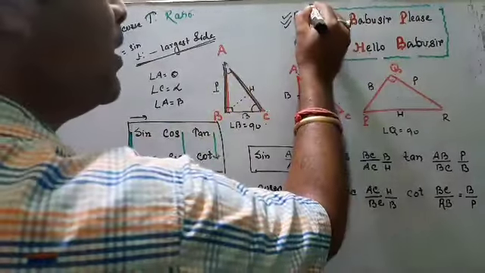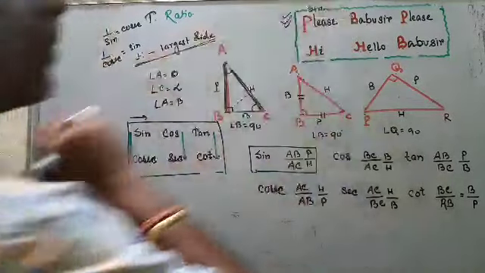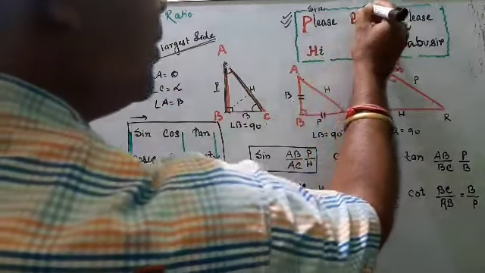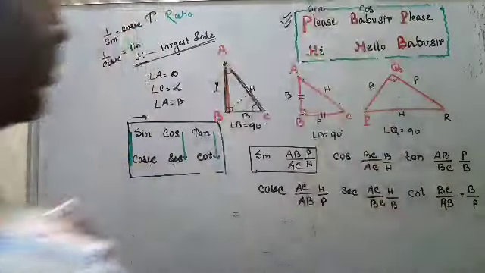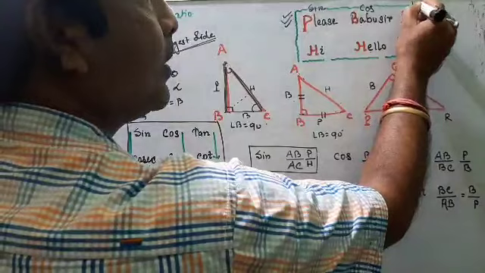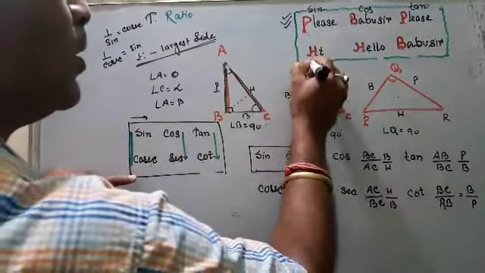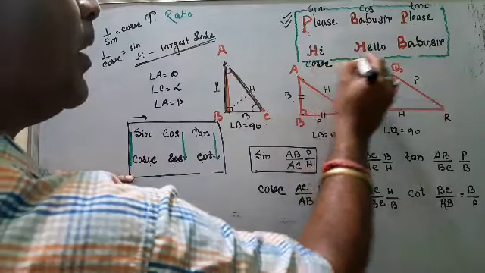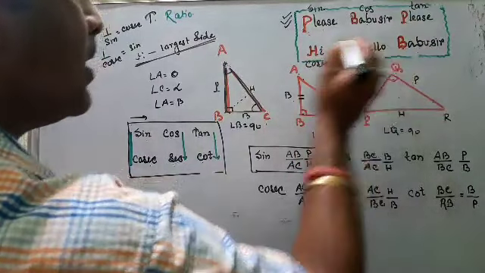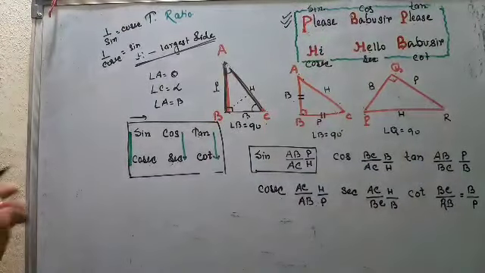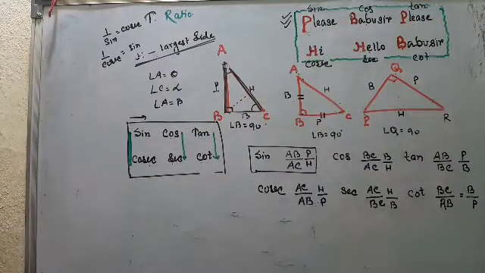Then you use here sine. Then you use cos. Then you use tan. Here you use cosec. Here you use sec. Here you use cot. So no need to learn.